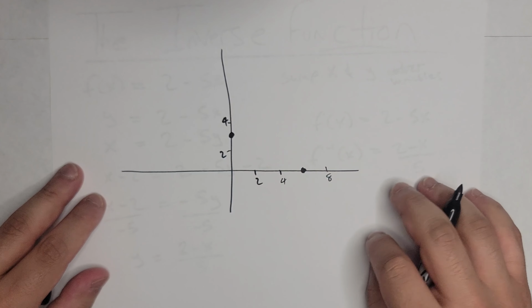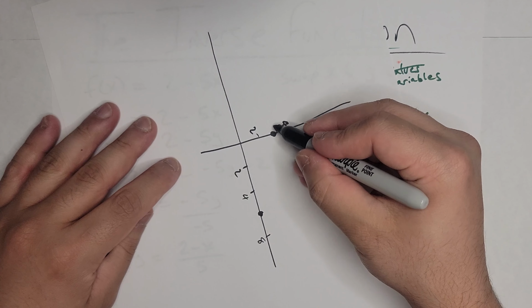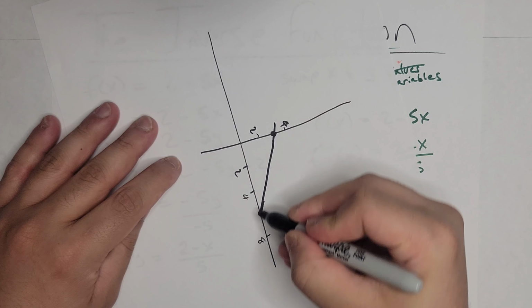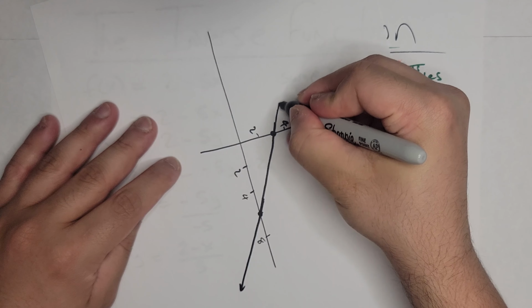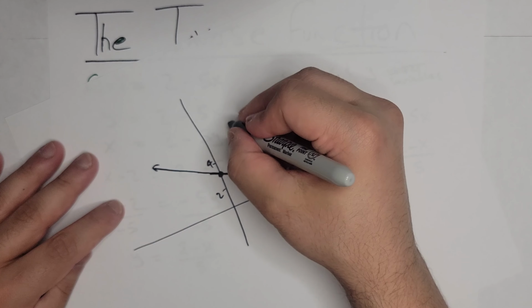Those are just intercept points. I'm going to try to draw a line here. And this is going to be y.